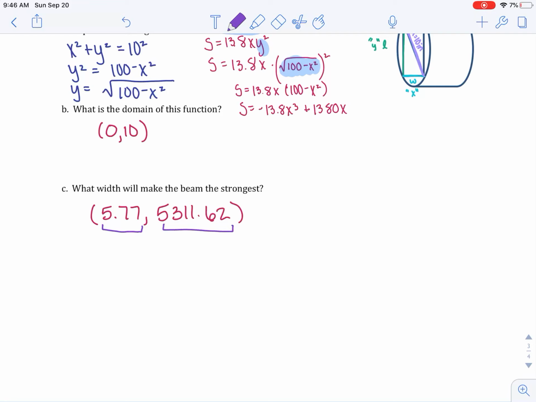So the first number is representing the width. And remember, the second one doesn't talk about the length or the other point or the y value or anything like that. It always talks about what the original problem was asking. Like, what did you graph? Well, we graphed the strength equation. So the output is the strength.